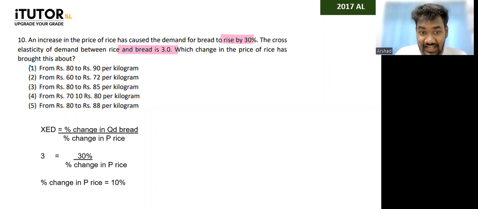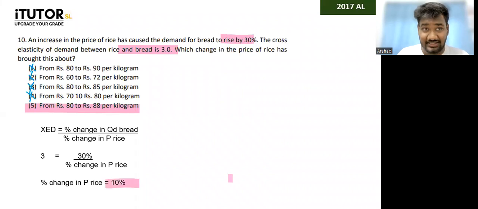If the price of rice was 60, a 10% increase must be 66, but this has gone to 70, which is a 20% increase. No. 80 to 85, no. If it's 80, 10% is 8, so 80 should go to 88, not 85. Wrong. 70 should go to 77. 7 is a 10% increase, but here it's going to 80. Wrong. 80 to 88, that is correct. That is the only one that has a 10% increase in the price.